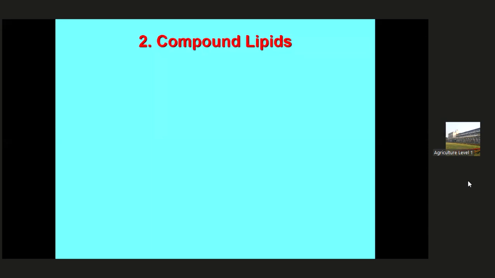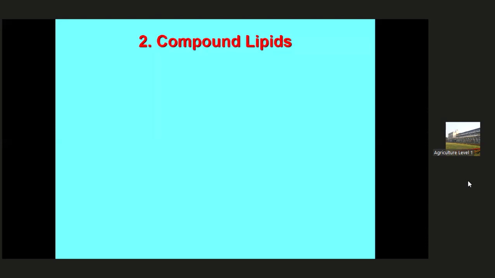If a fat is to be a fat, it must have 1 or 3 alcoholic group containing substance. It may be glycerol or it may be monohydric alcohol, and others it should contain the fatty acid. So this fatty acid and the alcoholic group containing compounds will be linked with each other by ester linkage. This is the least properties of the lipid.